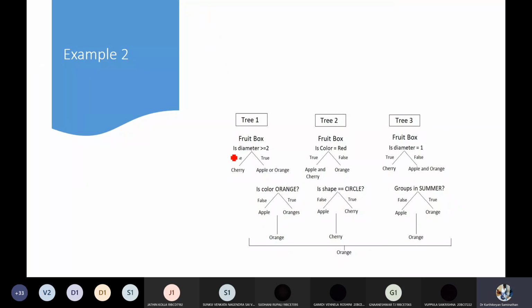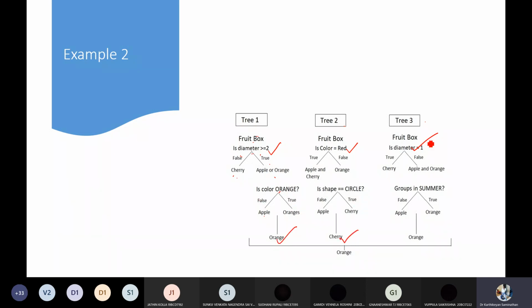Here you can see fruit box 1, tree 1, tree 2, tree 3. All are fruit box examples. Here I am checking the decision tree: if the diameter is greater than 2, if the color is red or not, if the diameter is 1 or not. If the diameter is greater than 2 is true, then apple or orange. If it is false, cherry. So here we are finding the fruits. This one says orange. If the color is orange, then apple or orange; if true, then it will be orange.